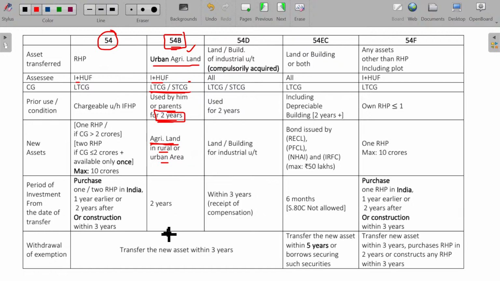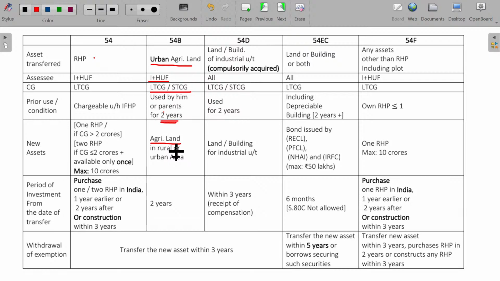And the new asset should be purchased within how many years? 2 years. Just similar to section 54, where house property is sold and house property purchased, in section 54B, urban agri land is sold and agri land purchased. The capital gain could be long term or short term, applicable for individual and HUF. And this land should be used by him or her or the parent for at least 2 years.